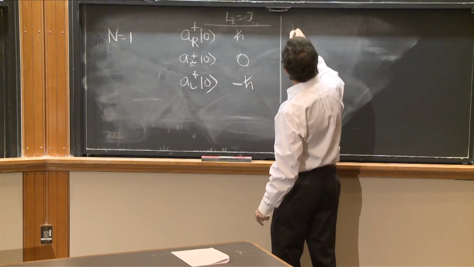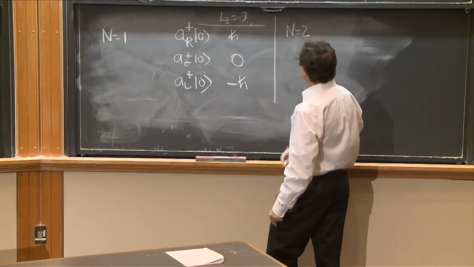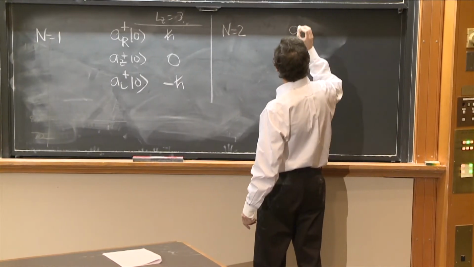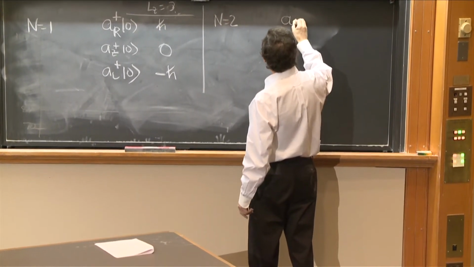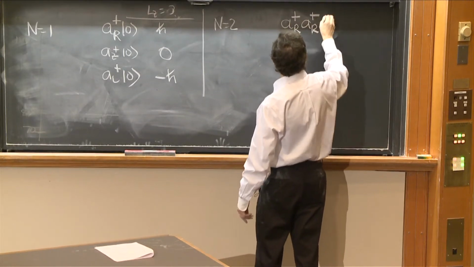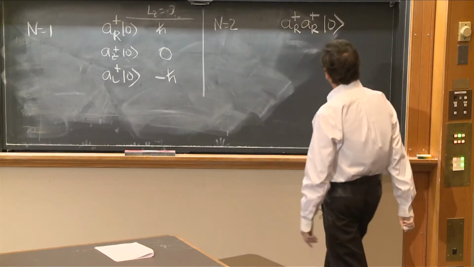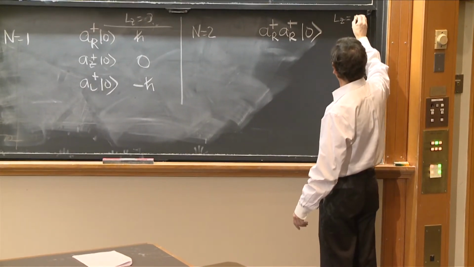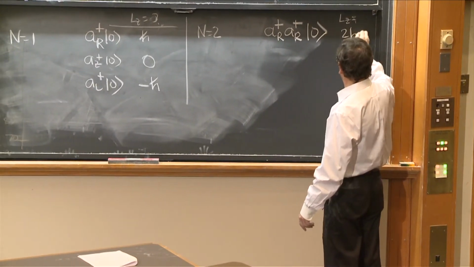For n equals 2, what do you get? Well, you see a state, for example, of A right dagger, A right dagger on the vacuum. And that has Lz equals 2h bar.